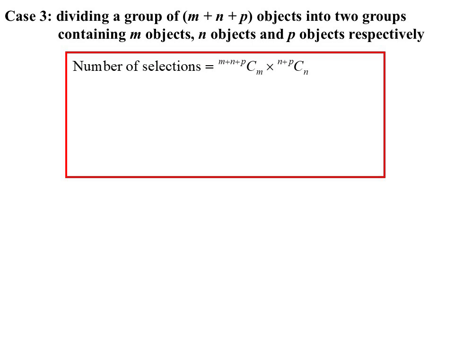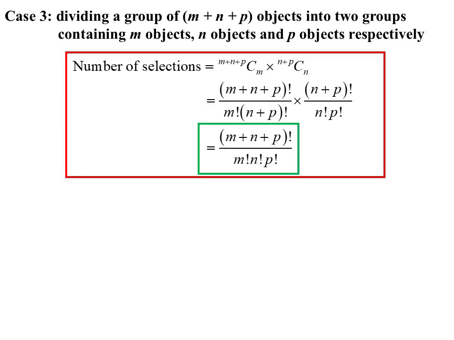And then I've automatically got the third group. If I play around with the formula, I get some cancelling there. You see the n plus p factorial cancels. And once again, I end up with m plus n plus p factorial over m factorial, n factorial, p factorial, the number of ways I could have arranged those objects if I was interested in that. So again, it's like the word problem.